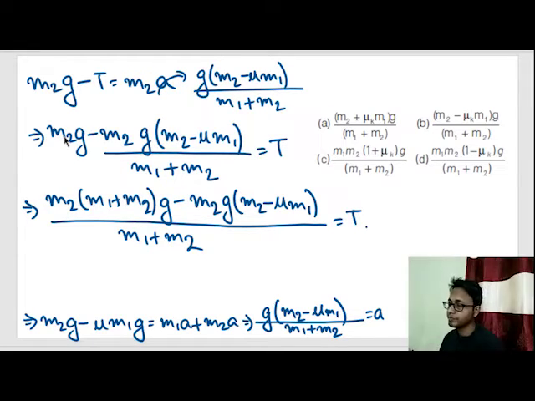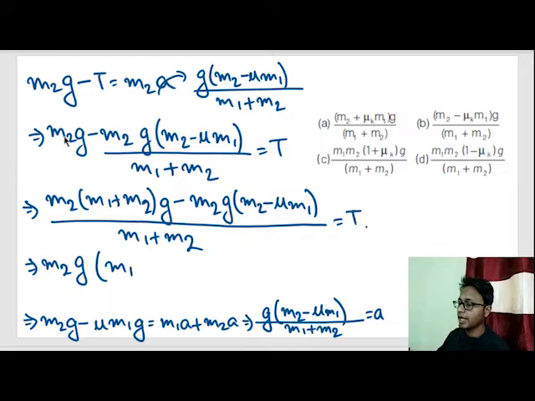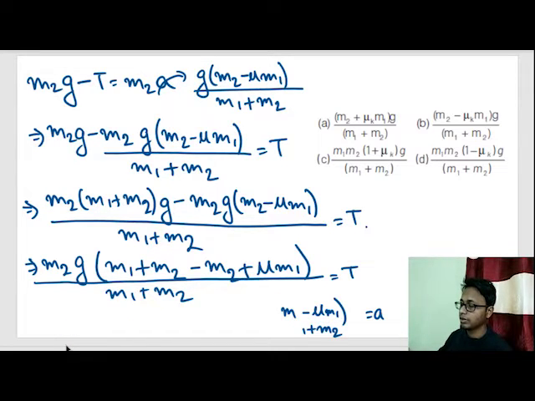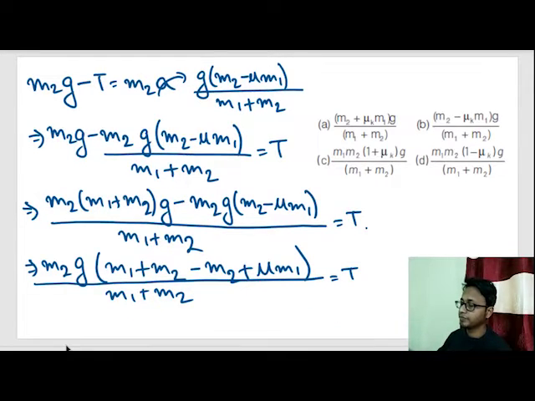M2G times M1 plus M2 minus M2 plus mu M1, by M1 plus M2. I am just solving the equation, nothing more, nothing less. This was the acceleration. I don't need the acceleration now. I am rubbing this.